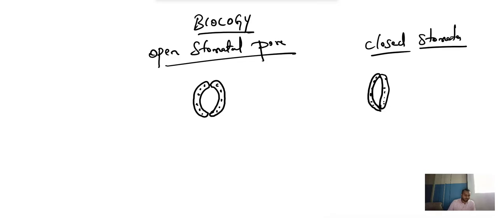No, draw the structure outside. Is this clear? Excuse me.